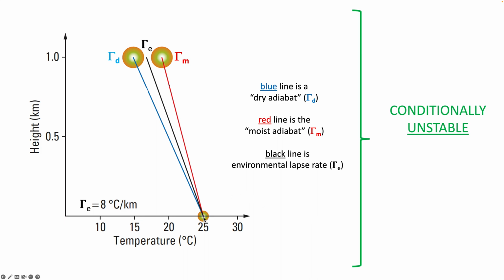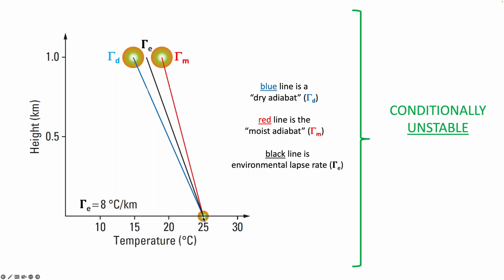Now, let's start at the surface and assume that our air is dry. Then the parcel is going to cool when we lift it at the dry adiabatic lapse rate. So we go up our blue dry adiabat, and we see that the air in the parcel cools from 25 to 15 degrees at 1 kilometer.